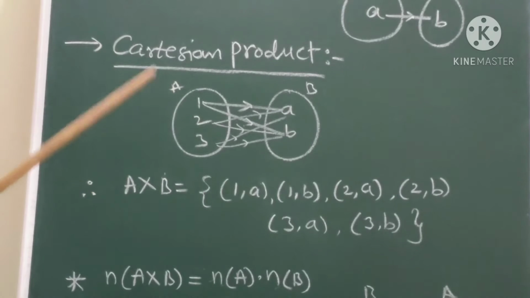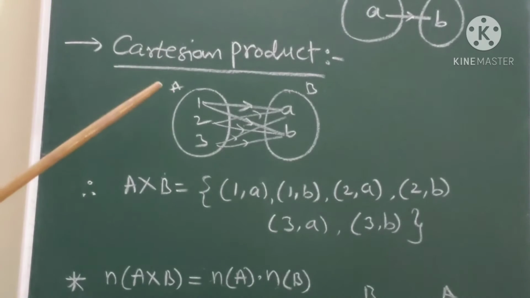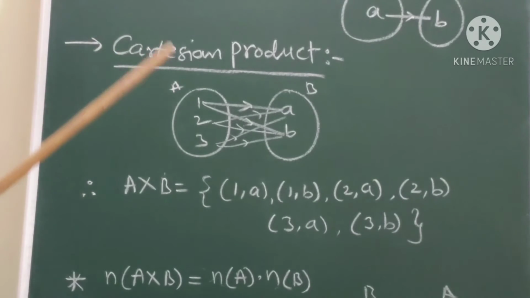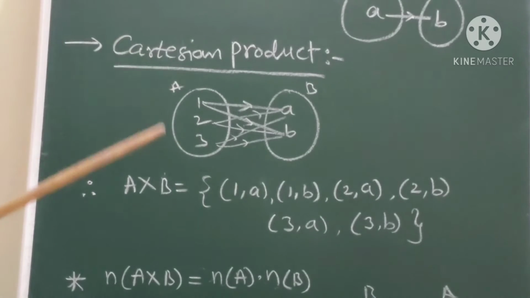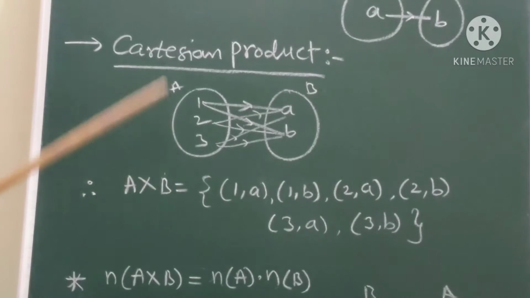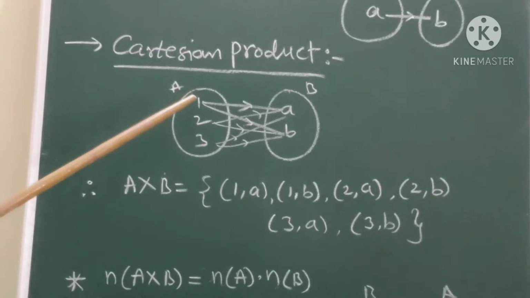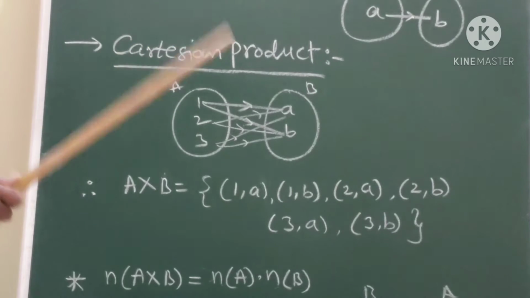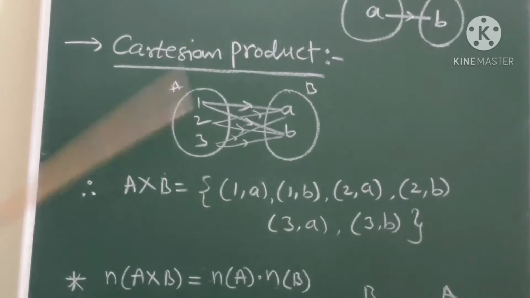That means the maximum possible ordered pairs from A to B is called a Cartesian product, or we can say the set of maximum possible ordered pairs from set A to B is called a Cartesian product.